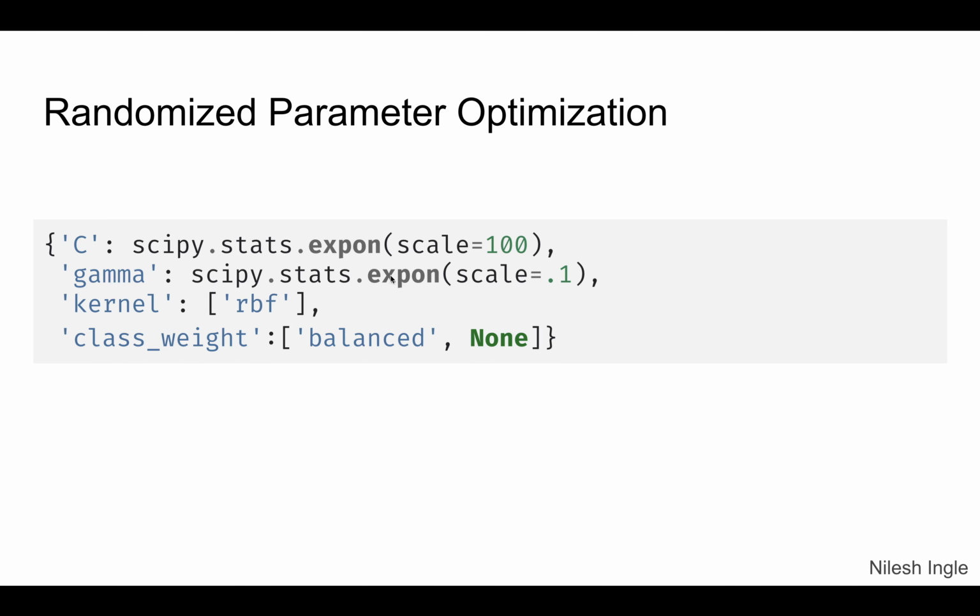For gamma also there is an exponential distribution that can be used as an input. And now when a distribution is used as an input, the algorithm will pick data points randomly from that distribution and use those as values for these parameters, C and gamma.